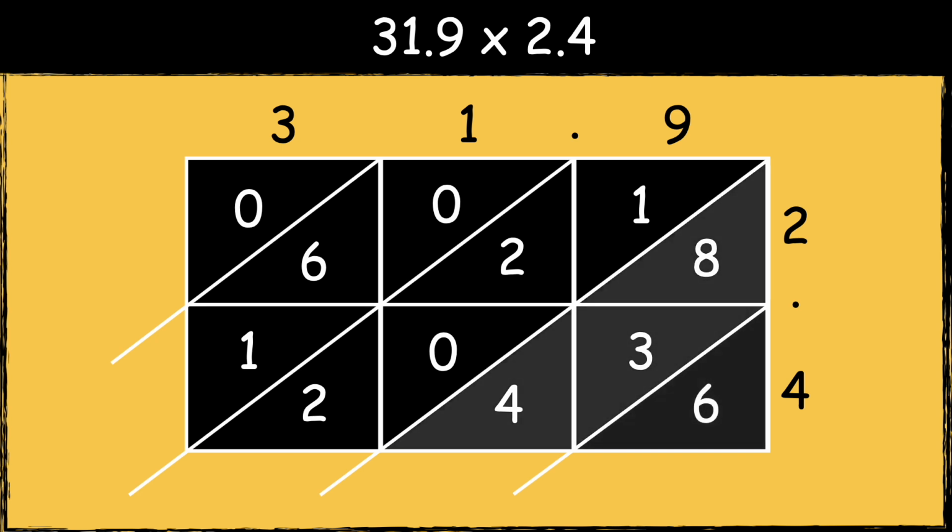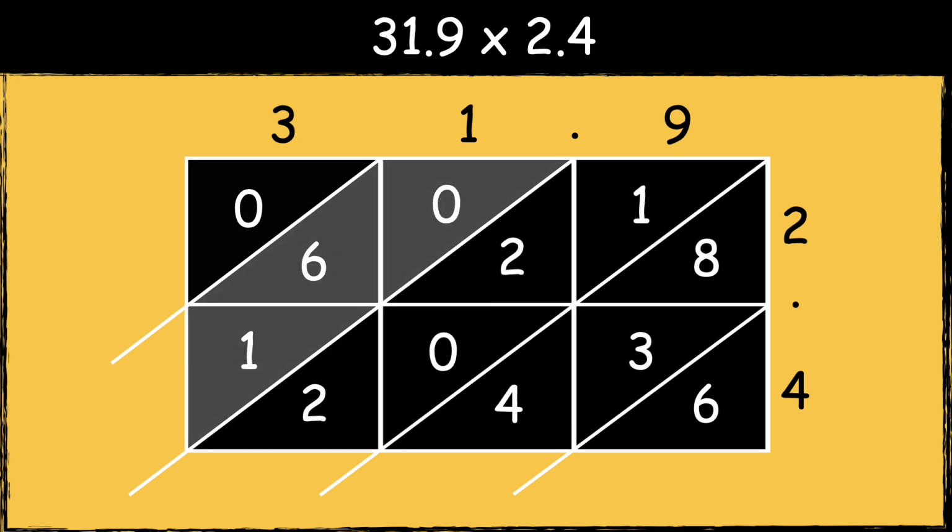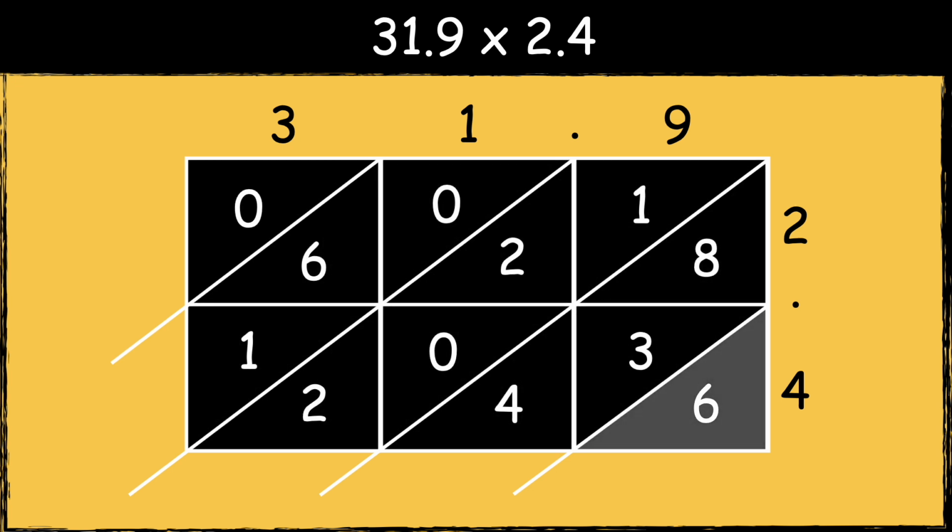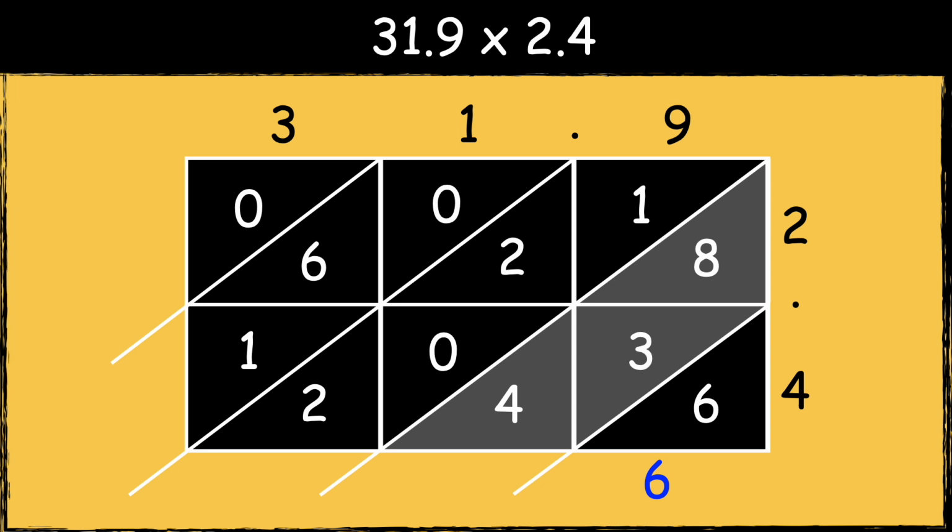The next step is to add along the diagonal strip, going from right to left. In the first section, we have 6. In the next section, we have 4 add 3 add 8, which is 15. We can carry the extra 10 over to the next section.